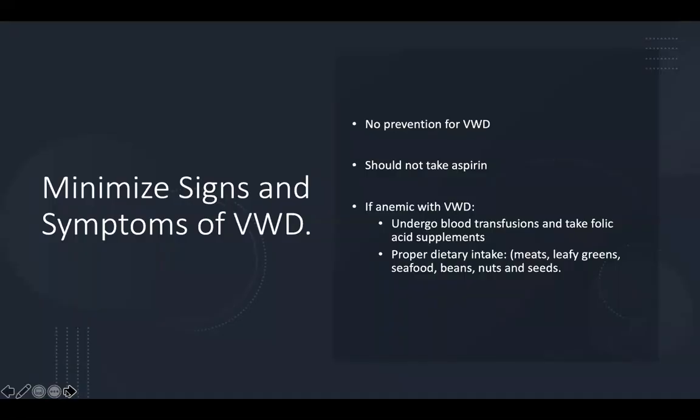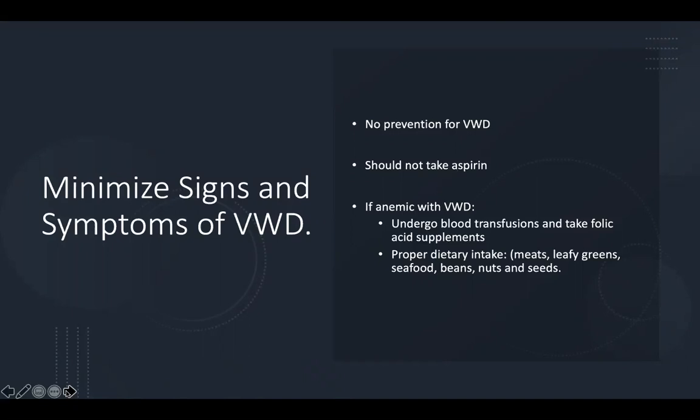Even though prevention of von Willebrand's disease is unfortunate, self-care can be done to minimize signs and symptoms of von Willebrand's disease. First, all patients with von Willebrand's disease should avoid injuries if possible. For example, if you are cutting vegetables for a soup or whatever it may be, it is important that you take your time and you're careful.